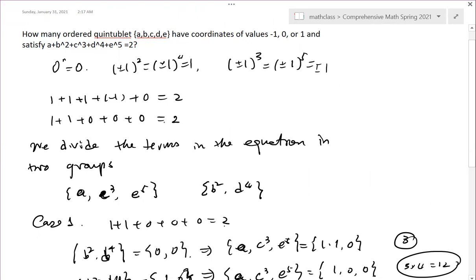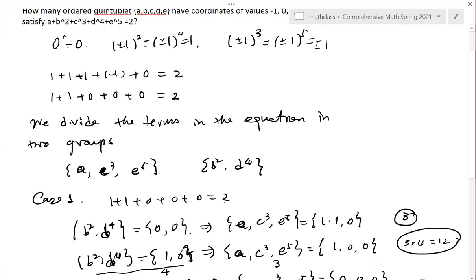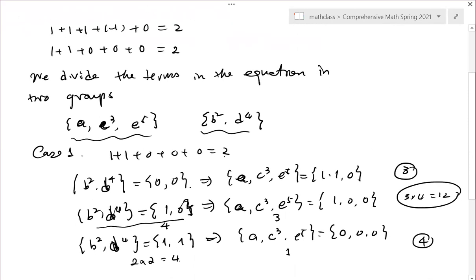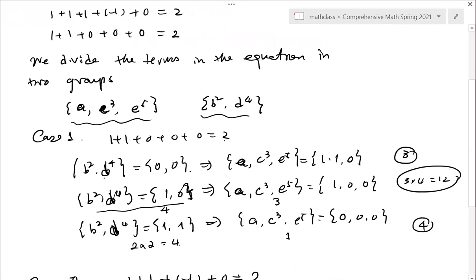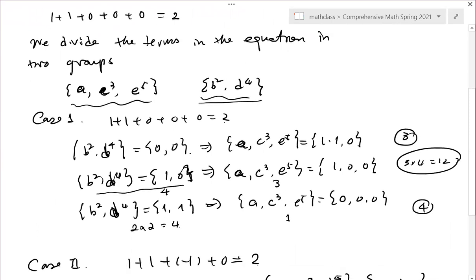Then this is a key step. You have to reorganize those 5 numbers in different orders, in different groups. Then you focus on the first group, then the second group. In each case, you have 3 possible sets here.